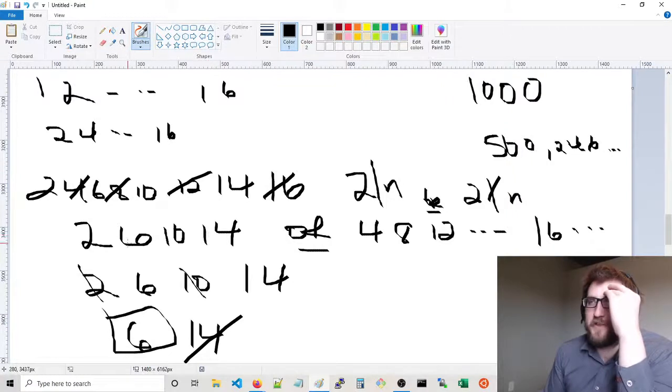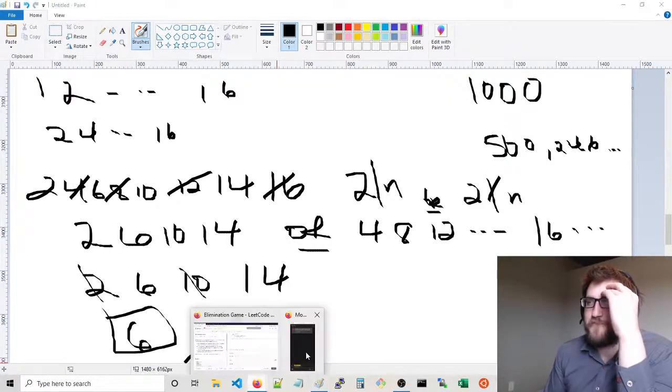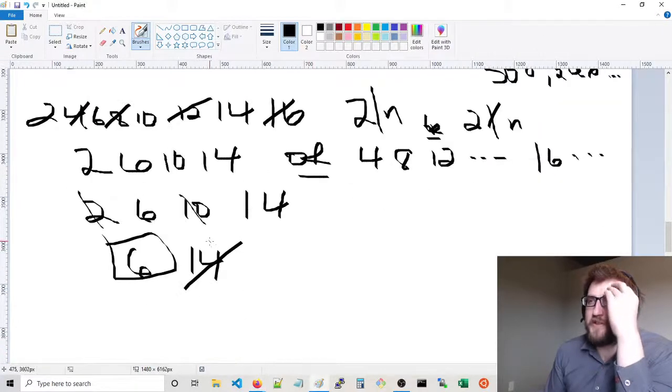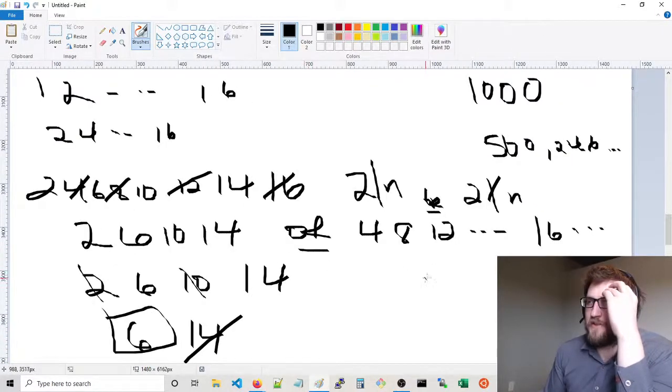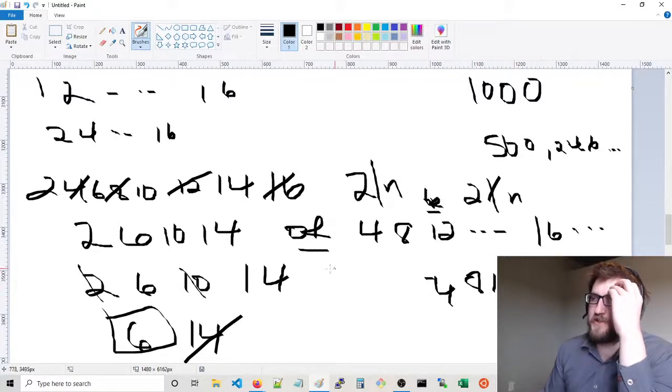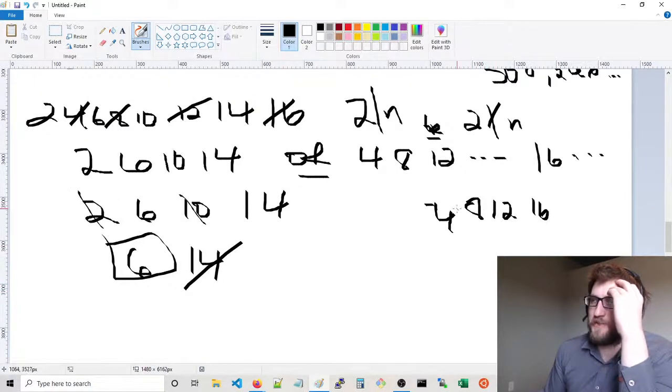So if 2 divides n, you end up with 2 at the front. And then the next decision is, if this was 4, 8, 12, 16, let's say you got rid of 17. Then you're going to go left to right, 4, 12. Now you have 8, 16, probably 24, dot, dot, dot, right?